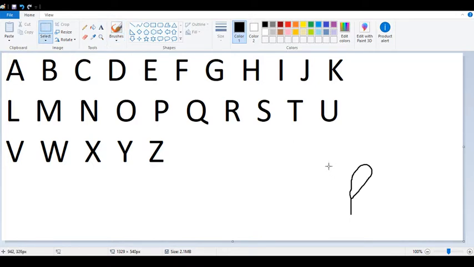So they had no incentive to use a V. And some of these older letters came from older alphabets, particularly the runic scripts used by older German groups as soon as they invaded England.